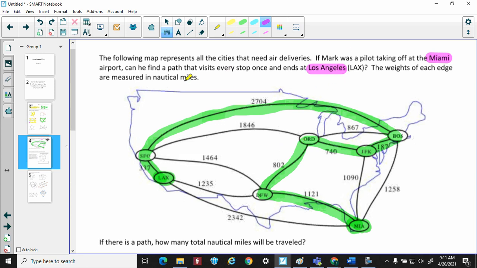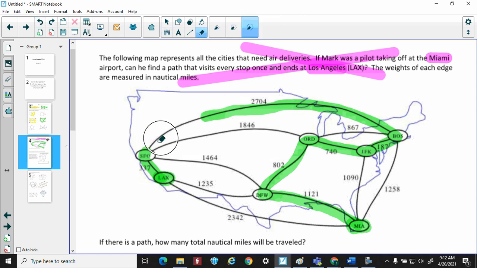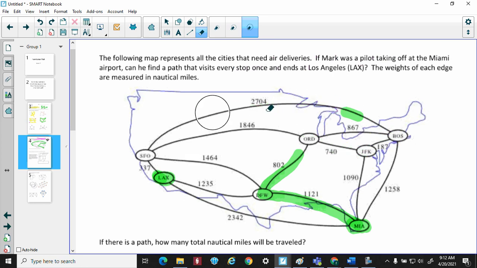If we did not have these directions, then you would say this would be an incomplete circuit, because LAX and Miami are adjacent, and you could just easily finish the circuit. But unfortunately, we have rules in this problem, so we have to abide by the rules.